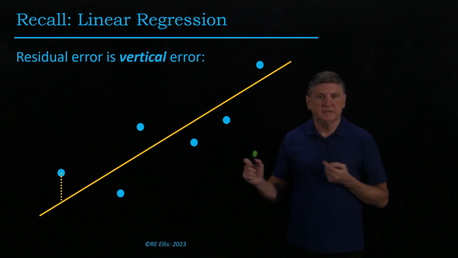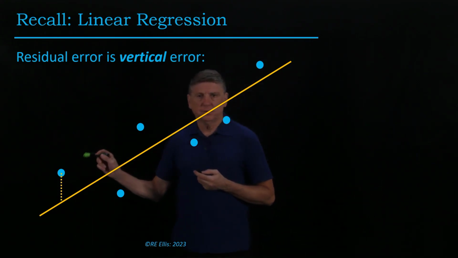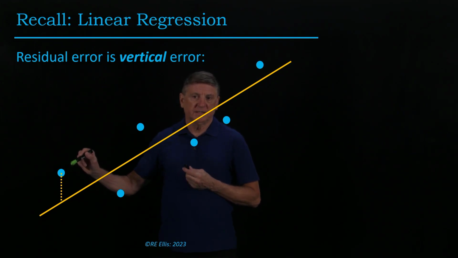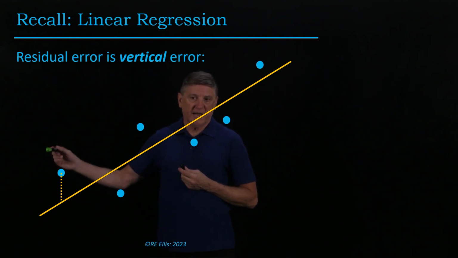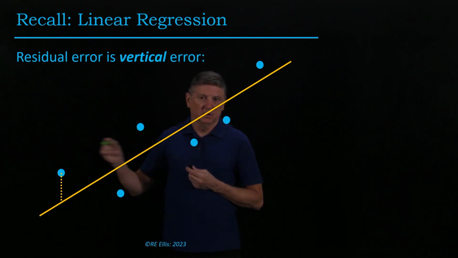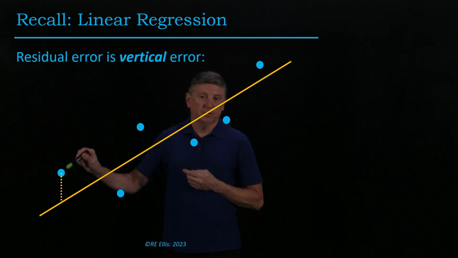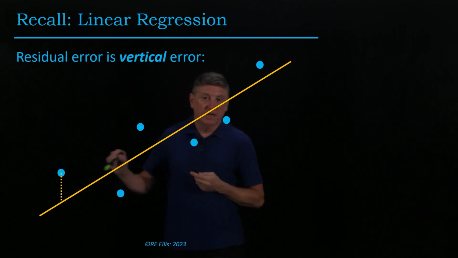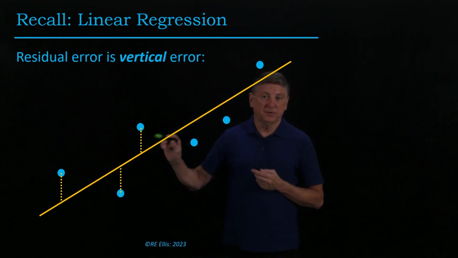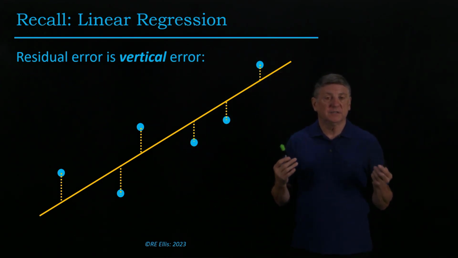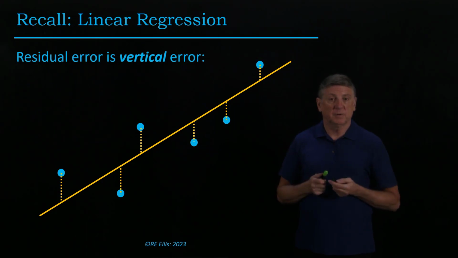What that means is that the first residual error is the difference between, here we have A along the horizontal axis and C along the vertical axis, it's the vertical error between the dependent value and the predicted value, and then the second and the third and the fourth and so on. So that is the residual error that we get from linear regression.